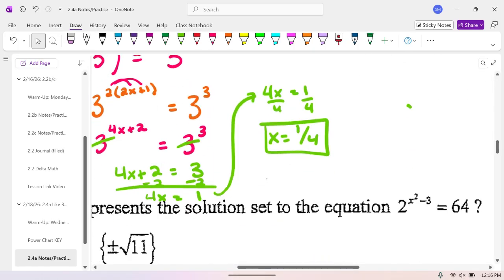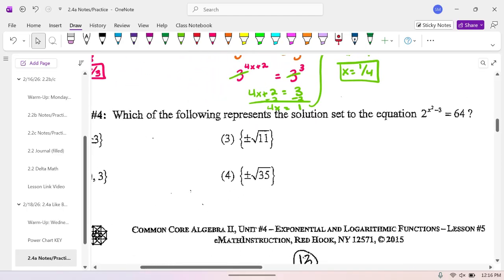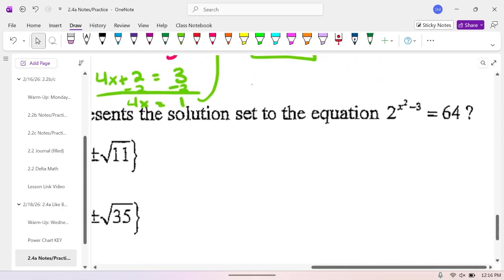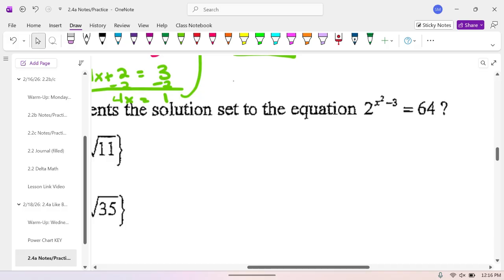All right. Now, let's look at this next one together because it's a little bit different. Because if you look, we have an x squared in here. So when we bring it down, it's going to look like a quadratic. All right.